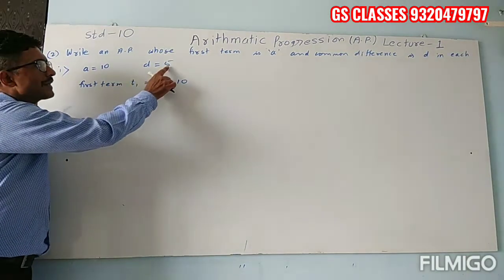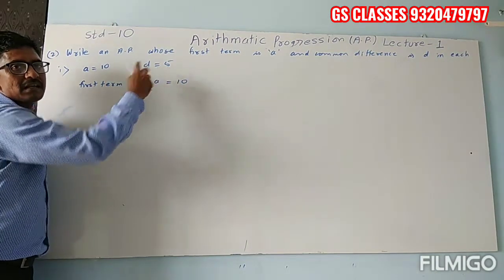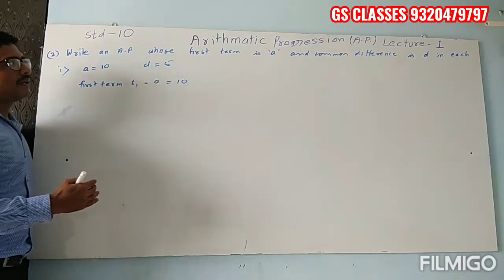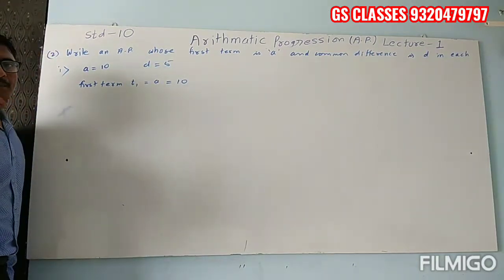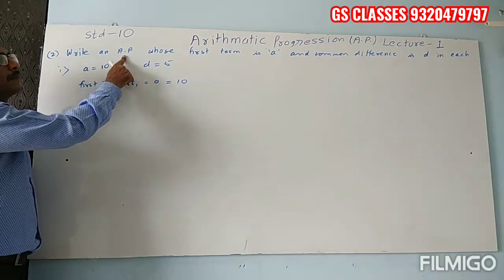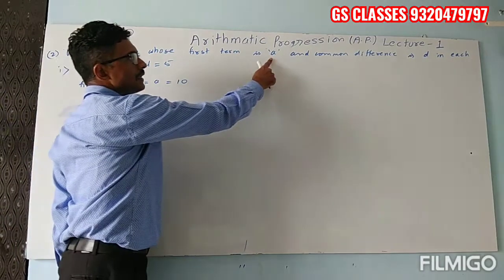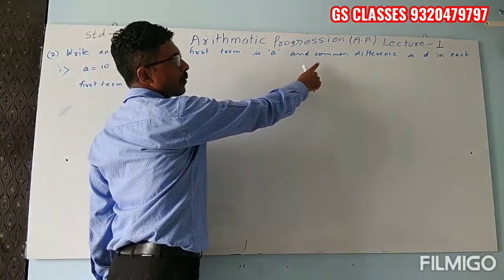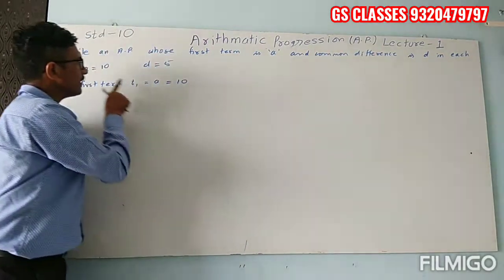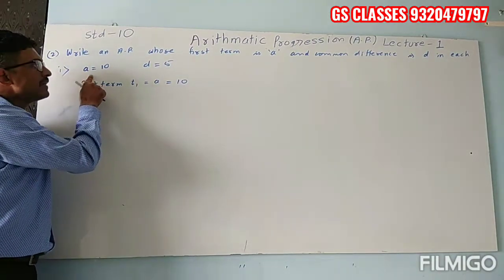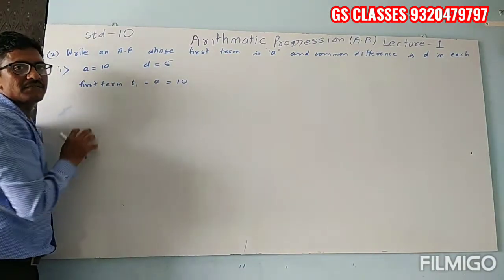And you have to keep a gap of 5, means a difference of 5. And now you have to form an AP. Write an AP whose first term A and the common difference D is like this. A is 10 and D is 5.